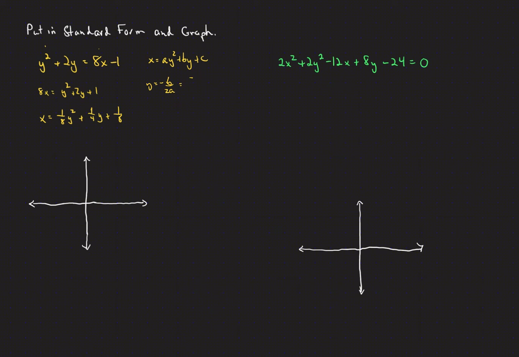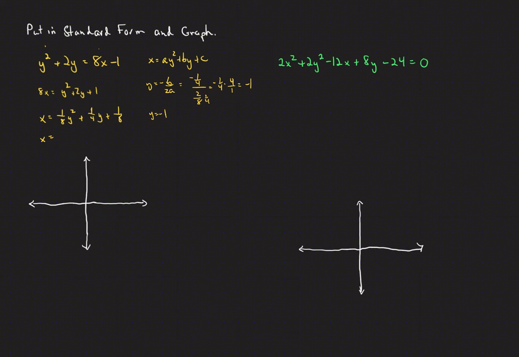So that's going to be negative 1/4 over 2/8. Since 2/8 reduces to 1/4, that is going to give us y equal to -1.